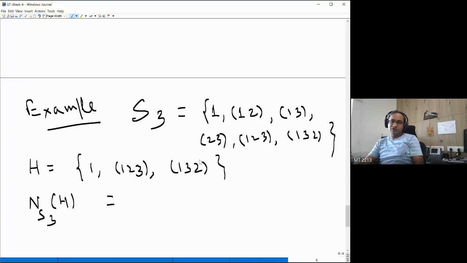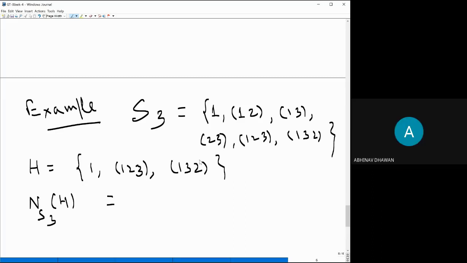Can anyone compute and tell me? Is it equal to H, I think?